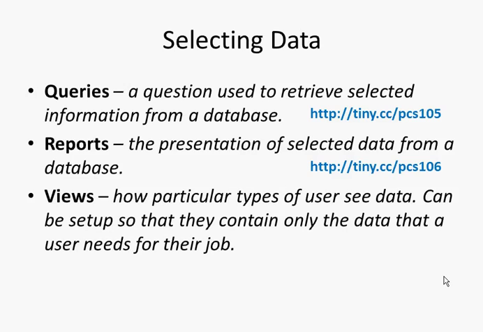Selecting data might also be to do with something called views, and views are how particular types of user see data. They can be set up so that they contain only the data that a user needs for their job. Some people might think of views being forms within databases, but they are not strictly so.